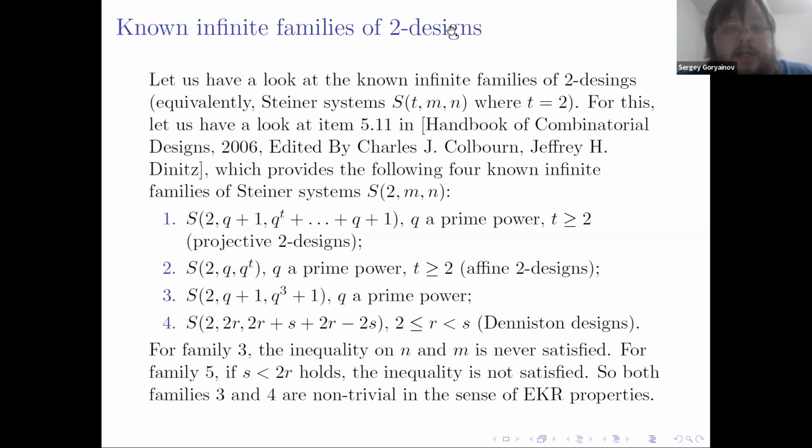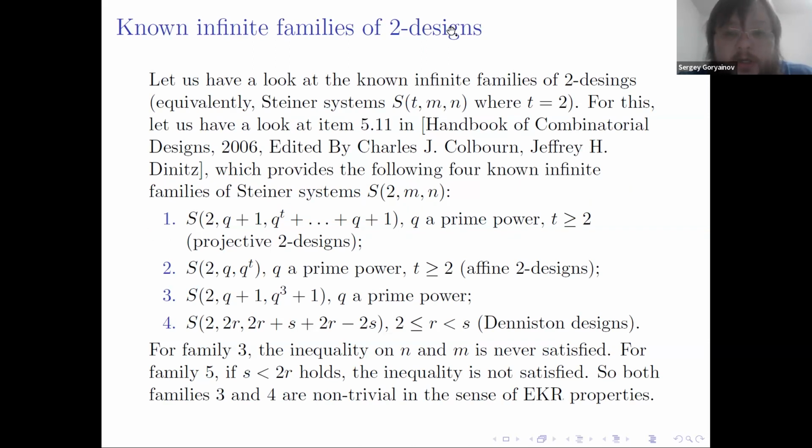Let us have a look at the known infinite families of 2-designs, equivalently Steiner systems S(t,m,n) where t equals 2. For this, let us have a look at item 5.11 in the Handbook of Combinatorial Designs, which provides the following 4 known infinite families of Steiner systems S(2,m,n).